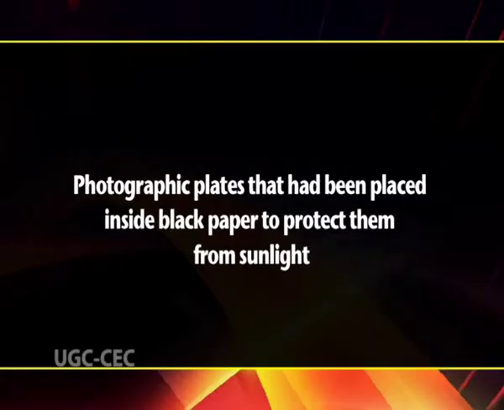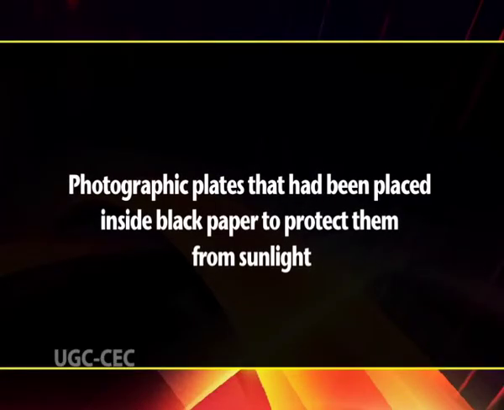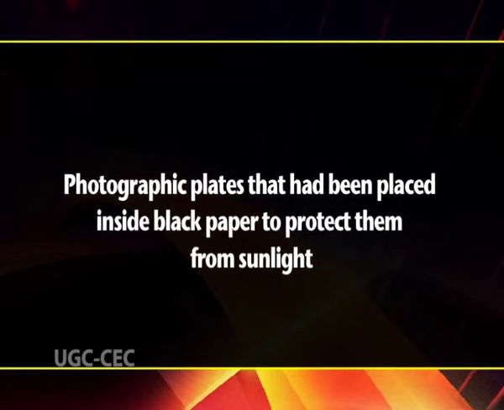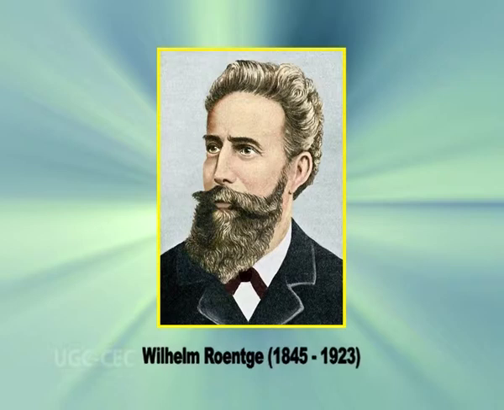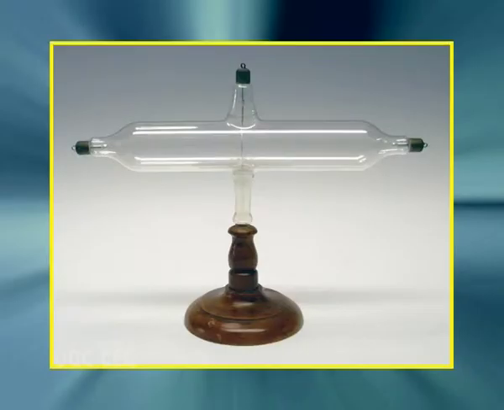Becquerel discovered gamma rays from naturally radioactive uranium salts in 1896 when he placed uranium together with photographic plates that had been placed inside black paper to protect them from sunlight. This discovery closely followed the discovery of X-rays by Wilhelm Roentgen in 1895 using a Crookes electron tube. The earliest images were of poor quality.